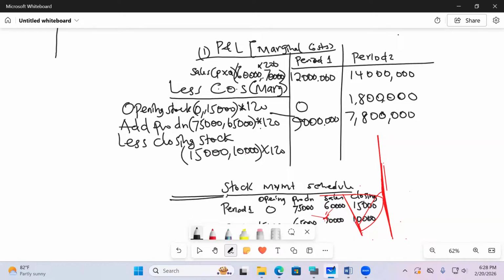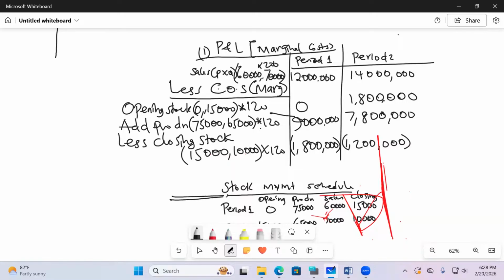So 15,000 times 120 gives me the value for period 1, which is 1.8 million. And then we have 10,000 times 120, which gives me 1.2 million. Remember, closing stock is always subtracted at this cost level.